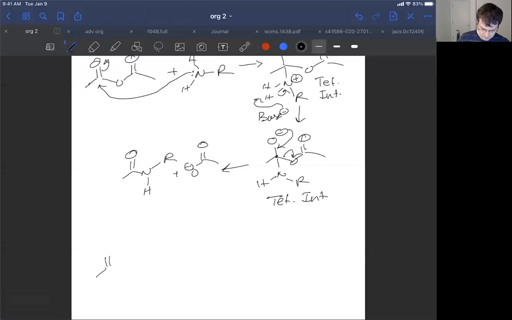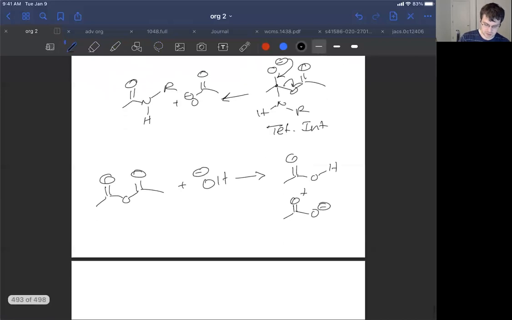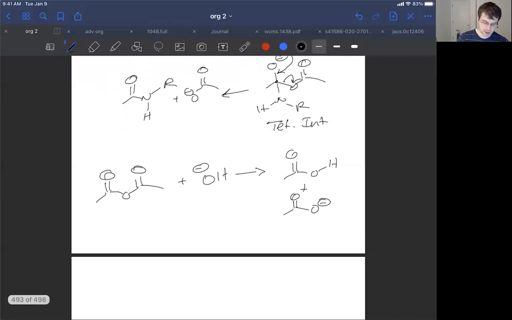So if we take this and we react it with hydroxide in some form, we're going to form the carboxylic acid, which will probably be readily deprotonated if we're under strongly basic conditions, but I'll go ahead and just draw both forms. So the negative charge here adds, and then we eliminate.